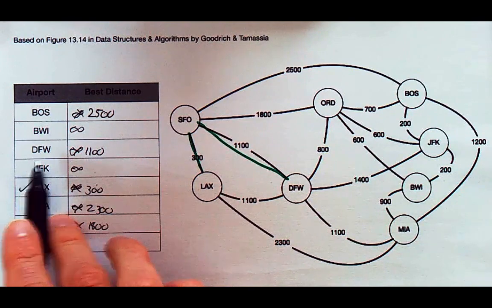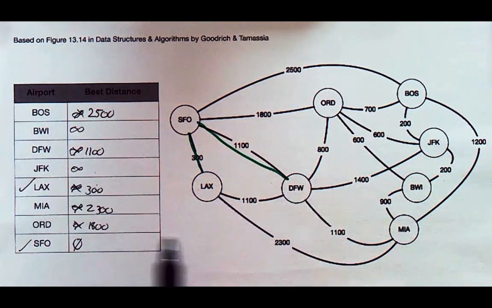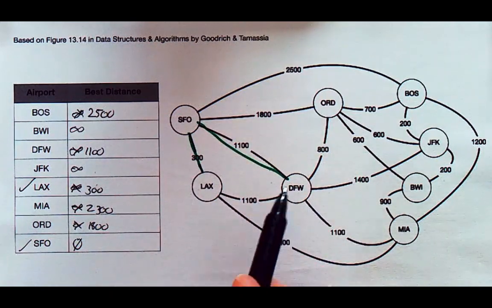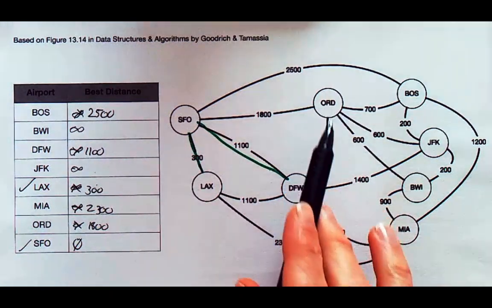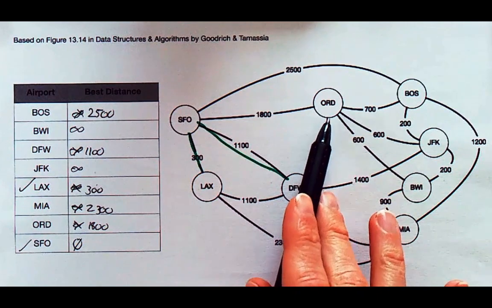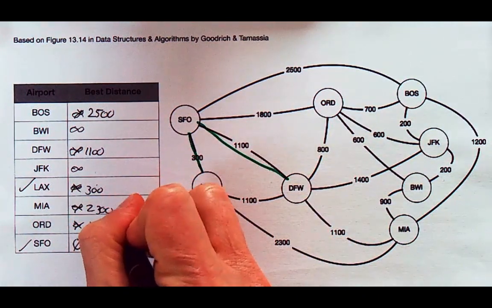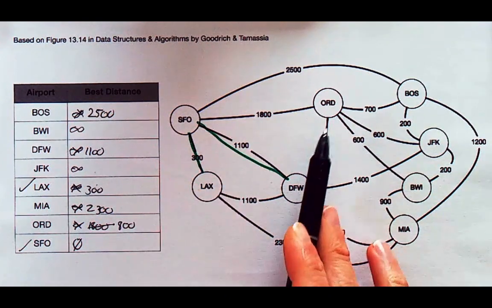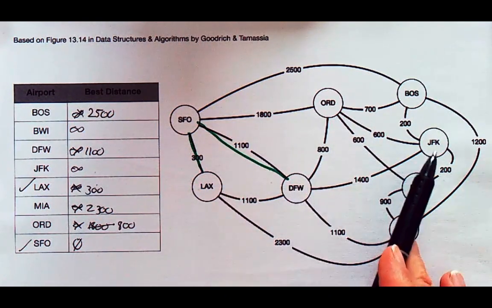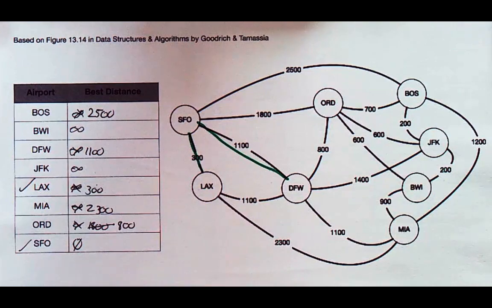Now we'll go ahead and process Dallas. So we'll look at all of the outgoing edges. And again, I'm going to ignore if the opposite vertex is actually already connected. So we can get to Chicago O'Hare with a total of 800. That's better than 1800, so I'll go ahead and update that. We can get to JFK with 1400. That's better than infinity.